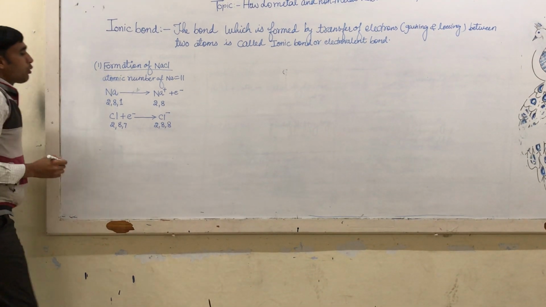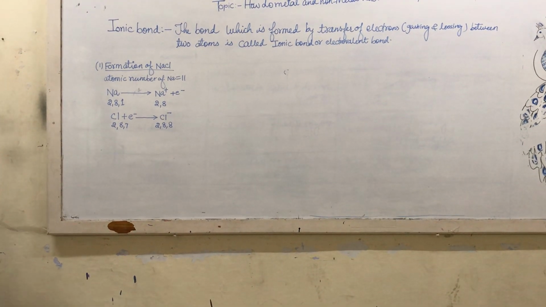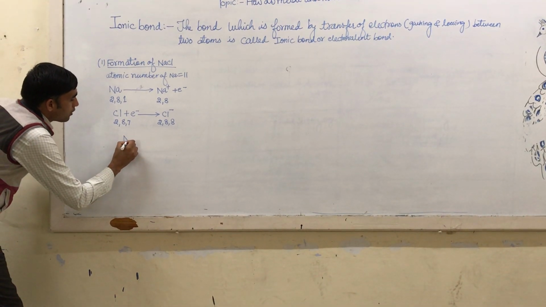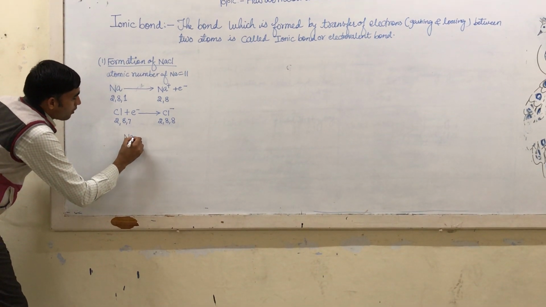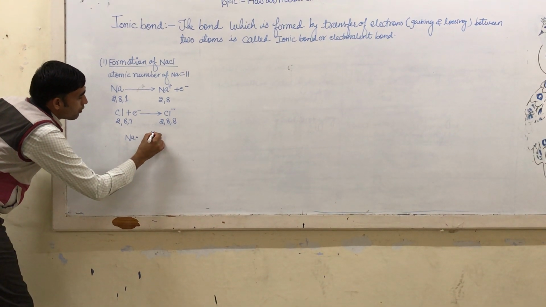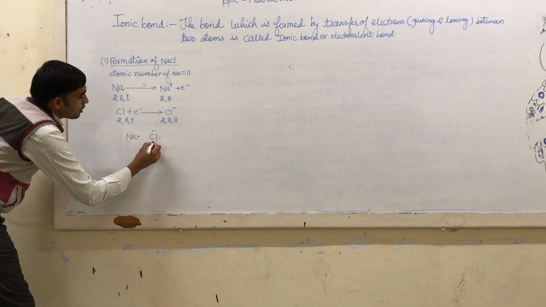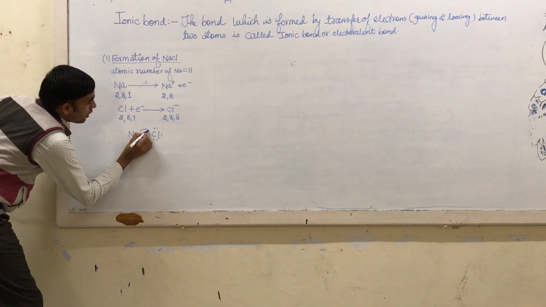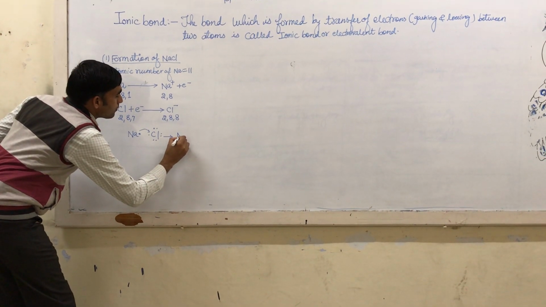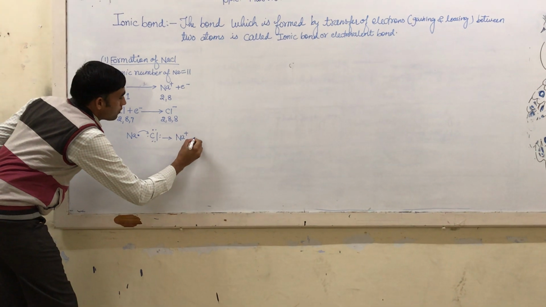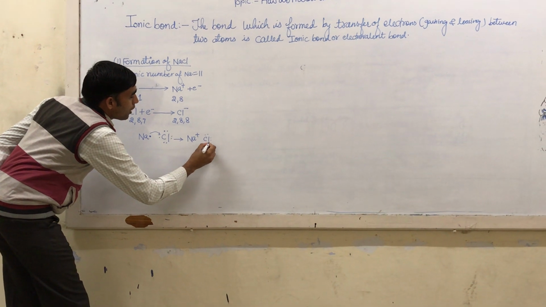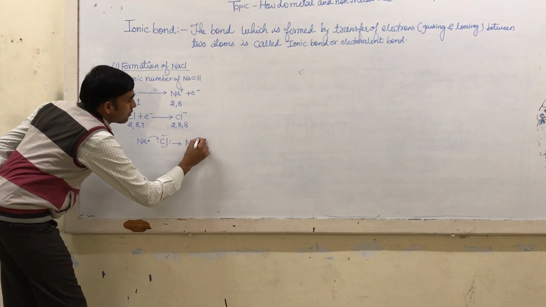Now these opposite charged ions, positive and negative, come in contact like this, and the sodium's 1 valence electron is transferred to the chlorine, which has 7 valence electrons. So it transfers 1 electron and forms Na plus, and the chloride ion has 8 electrons.